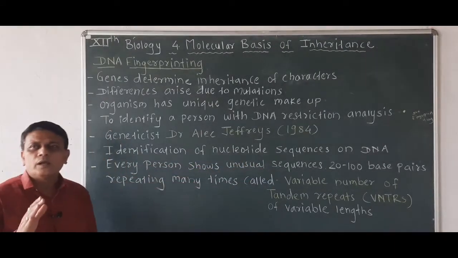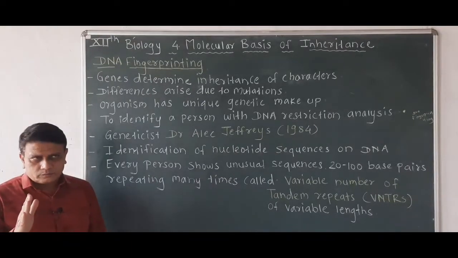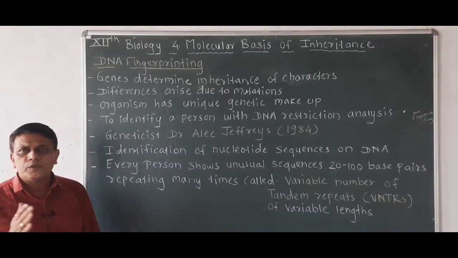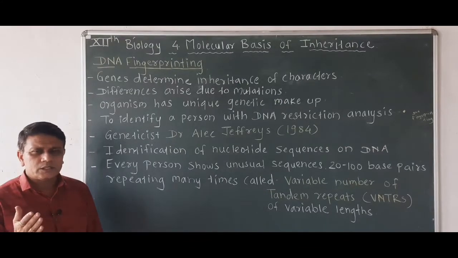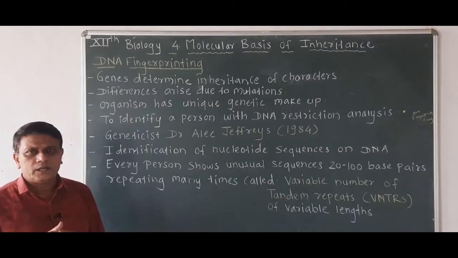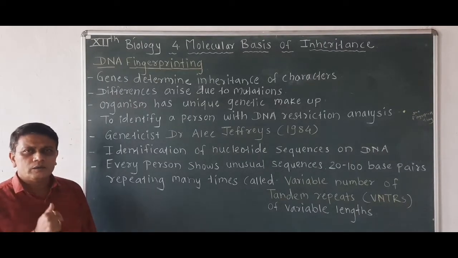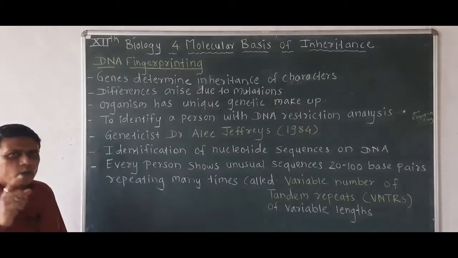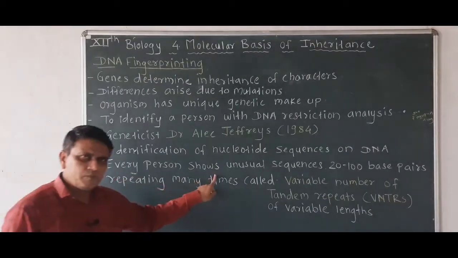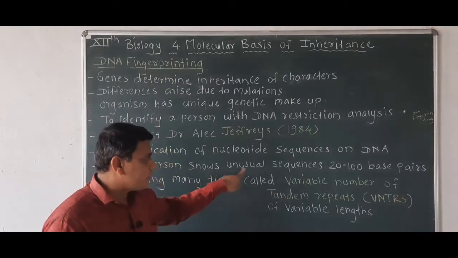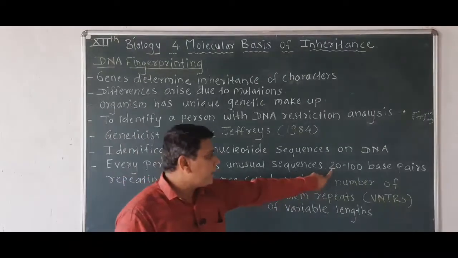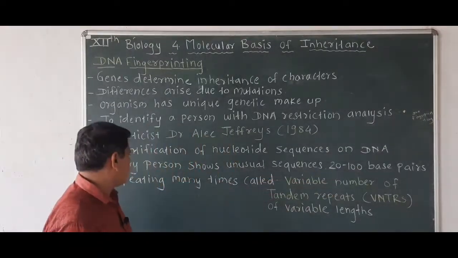In human beings, there is a similarity between the DNA of different persons. About 99.9% of DNA is similar in all human beings, but there is a slight difference. So every person shows unusual sequences, and these sequences are about 20 to 100 base pairs.